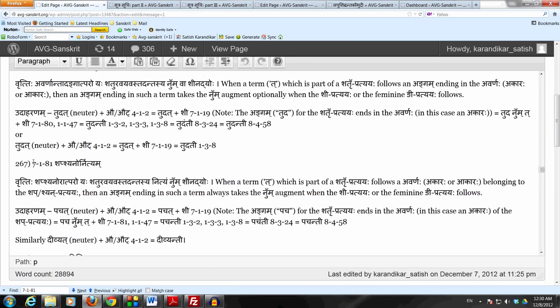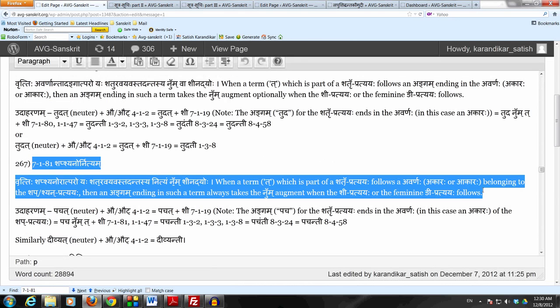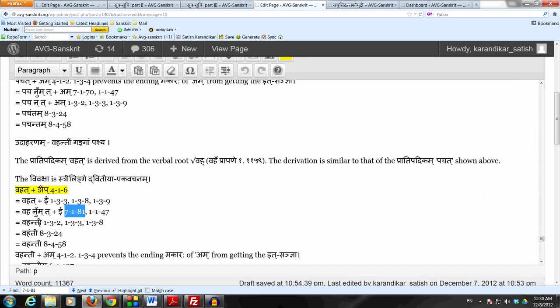This num joins after the last vowel in the angam, which is the akaraha, following the hakaraha. So we get vah num ta. Anubandha lopaha, same as before: upadeshe janunasika it ukarasya it sanya, halantyam makarasya sanya tasya lopaha, we get vahanti.